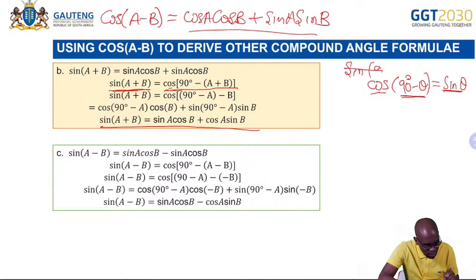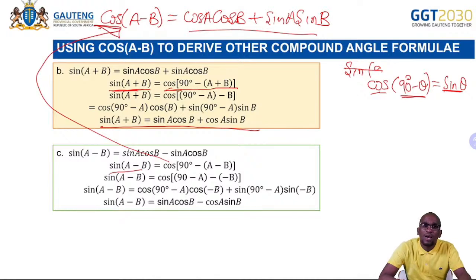Similarly, you can do the same to derive the formula for the sine of A minus B. Remember, if you want to write the sine as a cosine, why are we writing it as a cosine? We are writing it as a cosine because the original formula was given in terms of the cosine.